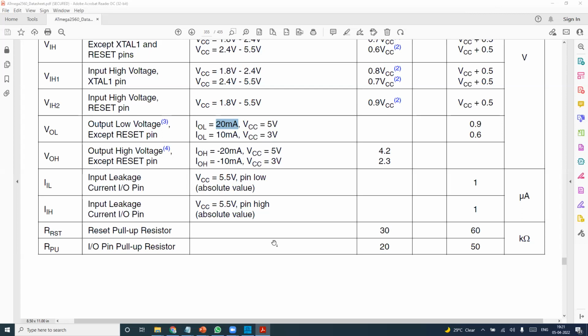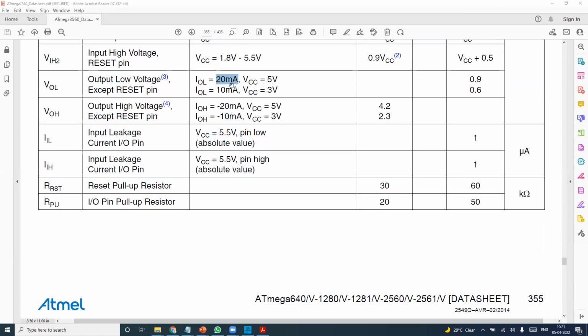That's why I wanted to show you from the data sheet point of view what the current is. This is 20 milliampere, minus 20 milliampere. When the current is going out of the microcontroller, they call it negative. When coming in, they call it positive. This is called IOL, this is called IOH.